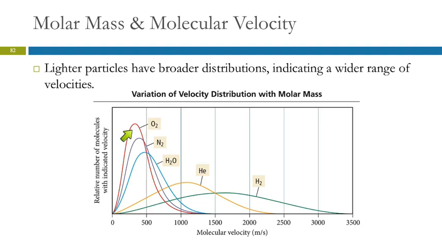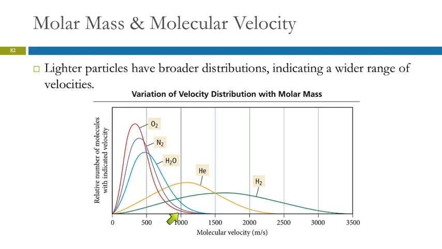What we see is not only does the peak where most of the molecules are move out towards higher and higher velocities for the smaller atoms or molecules, but we also see a change in the shape.